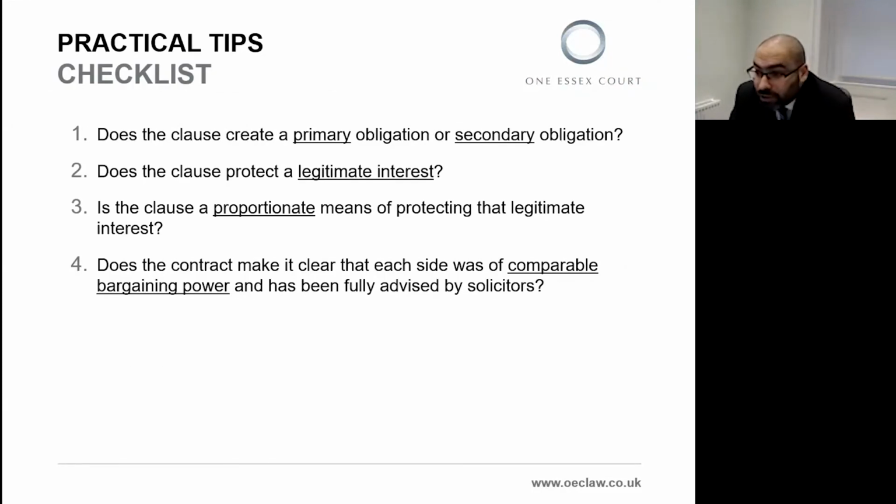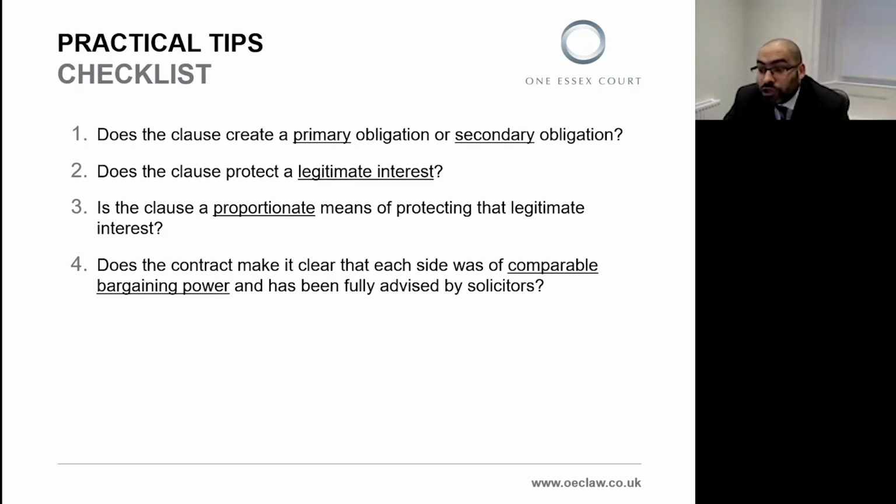So in light of all that, I come to the question of how you should ensure that clauses in a contract that you are drafting are not struck down as unenforceable penalties. And in short, there are really 4 points to think about, set out on the slide. 1, does the clause create a primary obligation or a secondary obligation? 2, does the clause protect a legitimate interest? 3rd, is the clause a proportionate means of protecting that legitimate interest?